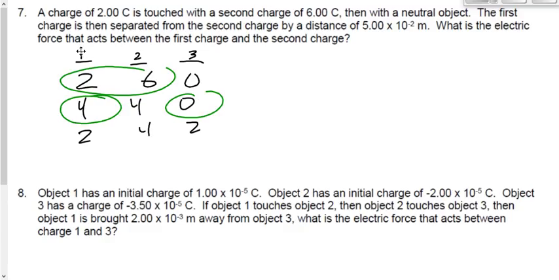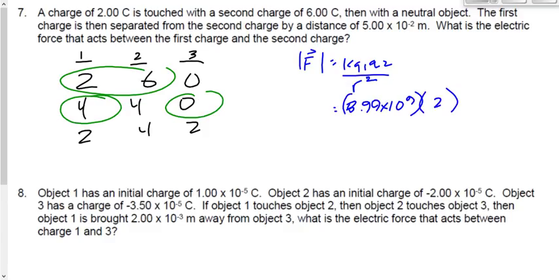So you want to find the force now? We're going to say F equals K Q1 Q2 over R squared. 8.99 times 10 to the 9 times Q1, which is 2. Now it's 2 because of all the changes, not because that's what it originally was.